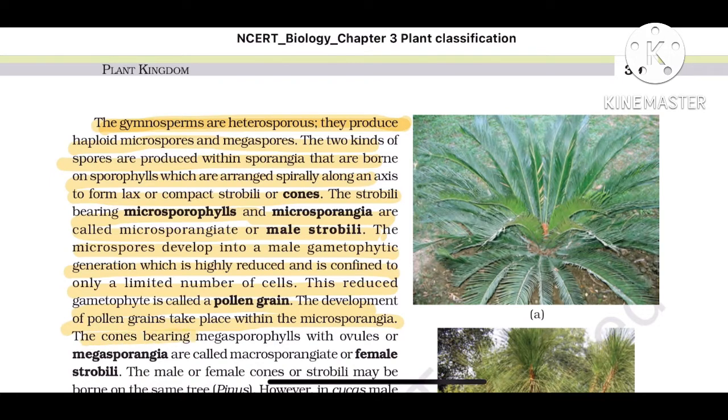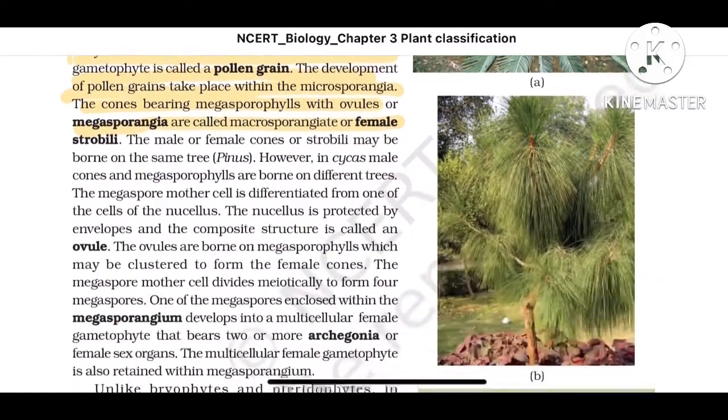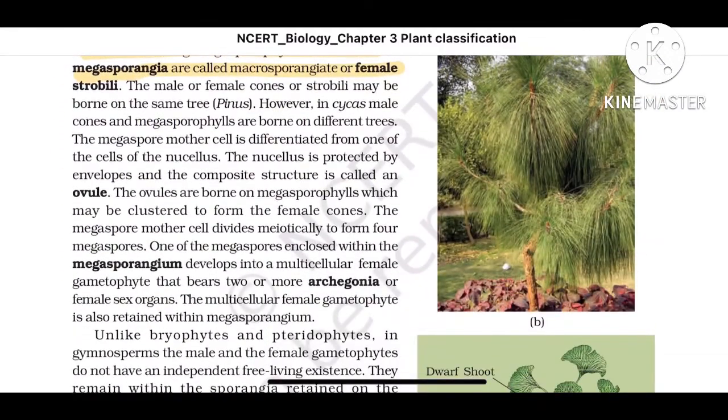The cones bearing megasporophylls with ovules or megasporangia are called macrosporangiate or female strobili. The male or female cones or strobili may be borne on the same tree, that is Pinus. However, in Cycas, male cones and megasporophylls are borne on different trees.